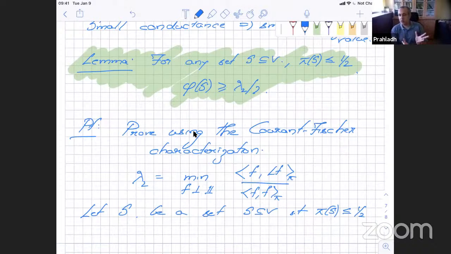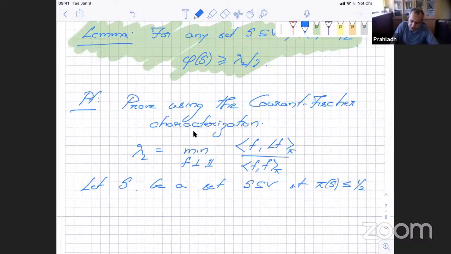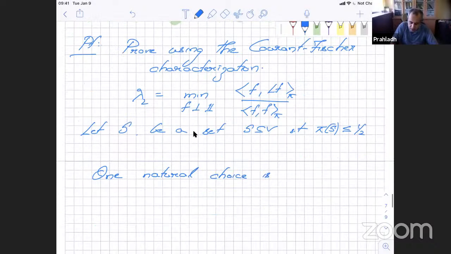So what is a natural thing? I want a function of the vertex. f is 1 on S. So one natural choice is the indicator function of S.